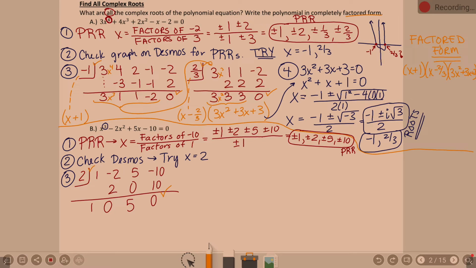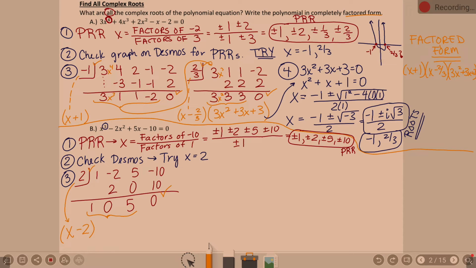Now, what does 2 represent as a factor? x minus 2. So we know so far we're going to have a factor of x minus 2. Now, might as well talk about what this 1, 0, 5 represents.